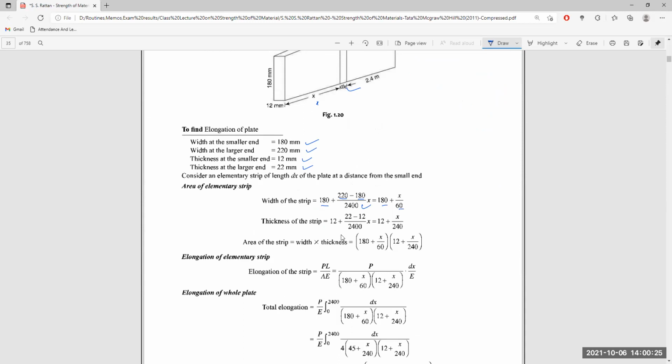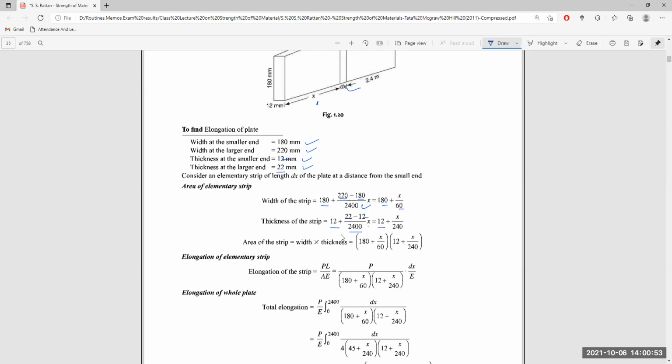The thickness of the strip is also reduced in the same process. 12 is the minimum thickness, and the maximum thickness at the larger end is 22 millimeter, changing over the length 2400, so the thickness is 12 plus x by 240.